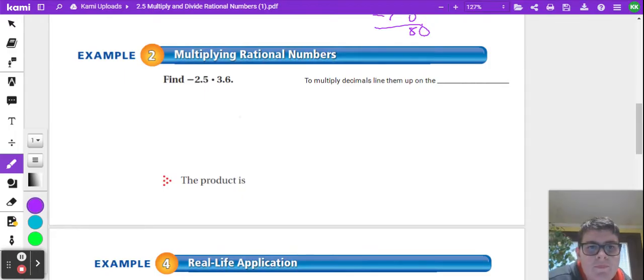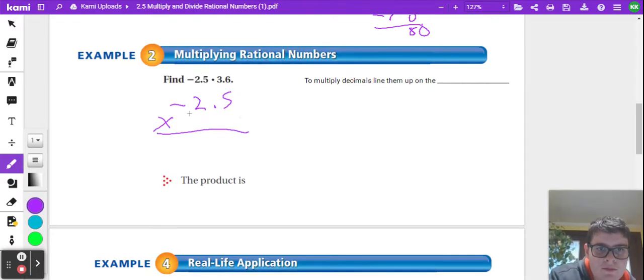So for this problem, we have negative 2.5 times 3.6. So first we're going to set up our equation. When we're doing multiplication like this, we always want to match up our decimals, and then we always want to line them up on the right.